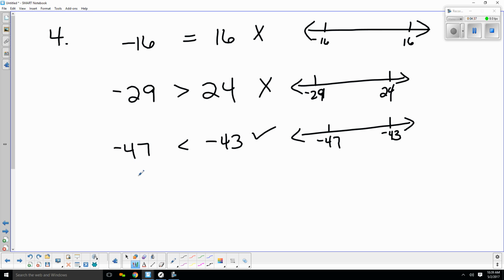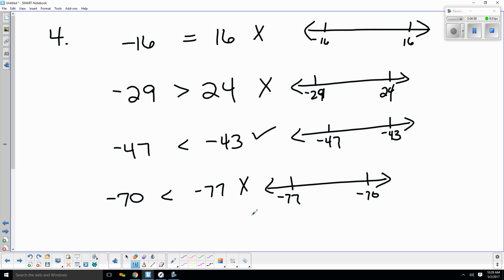So C is a true statement. We're going to check D though. Negative 70 is less than negative 77. When you look at that statement, here's your negative 77, here's your negative 70. Is 70 to the left of 77? No, so that is not less. So C is your correct answer for number 4.